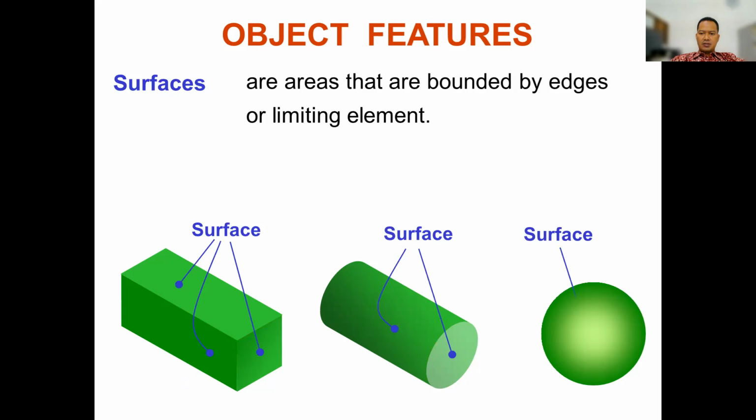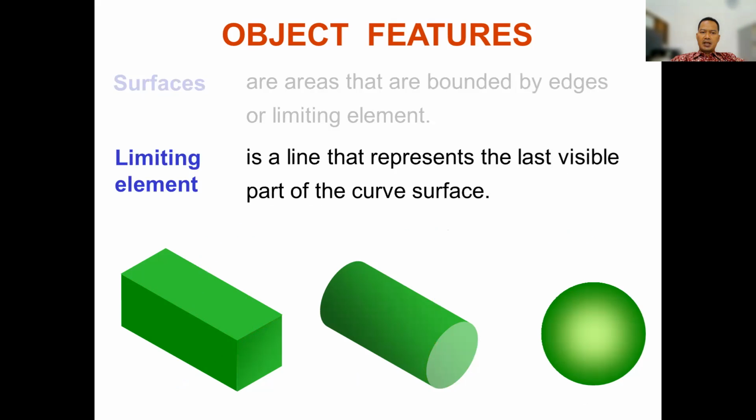This is surface, surface, and surface. A limiting element is a line that represents the last visible part of the curved surface. You can see in the cylinder, it means the limiting line or limiting element. As well for this object, this is the limit line.